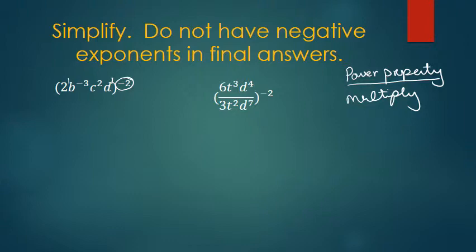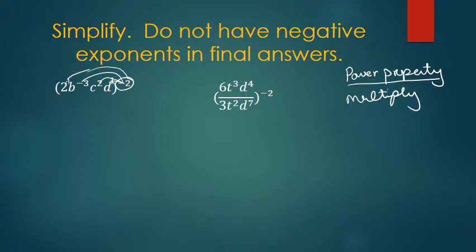Now, the other thing that I would do is double check whether there's anything I can combine in parentheses. In this case, I have no common bases. I only have a 2, so there's nothing I can combine. So I'm going to go ahead and use the power property, which says I need to distribute the negative 2 to every exponent.